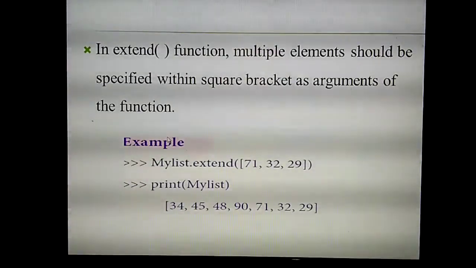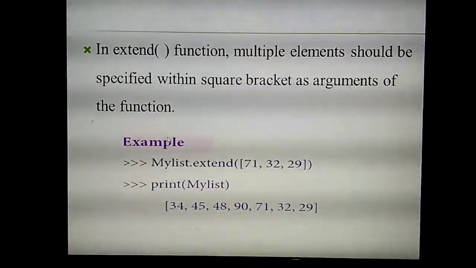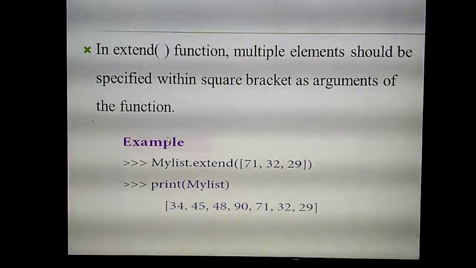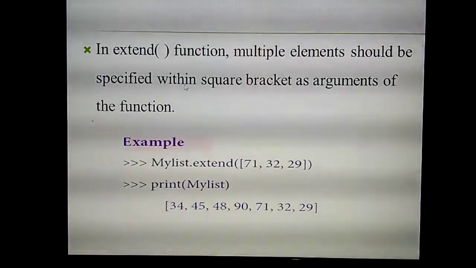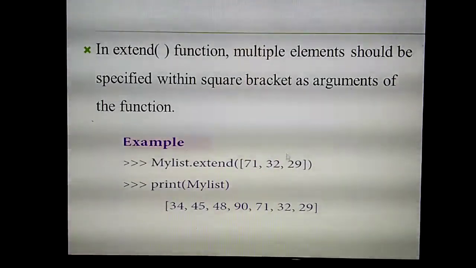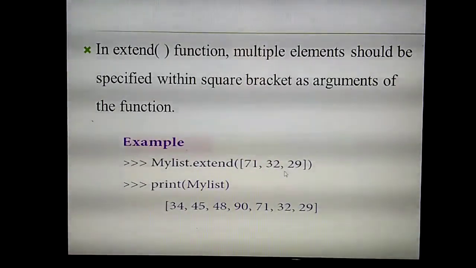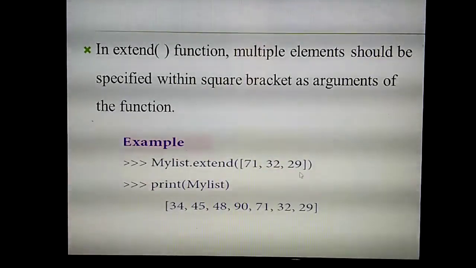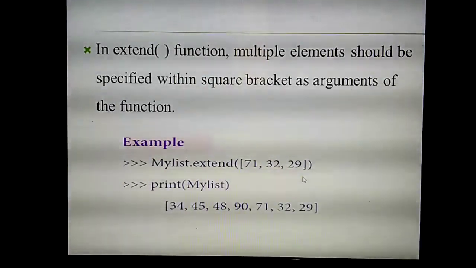Okay, the extend function. With it you can add multiple elements. What's the format? You should mention the elements within brackets. Already you know the elements in a list are mentioned in square brackets.